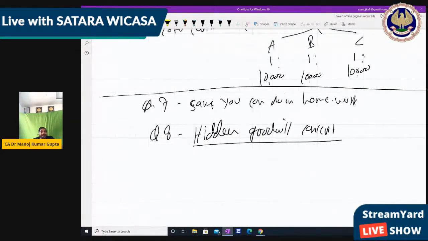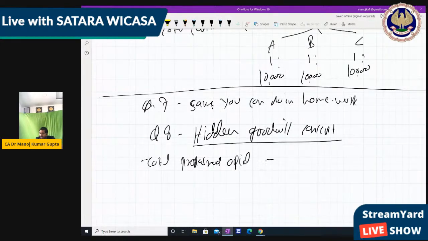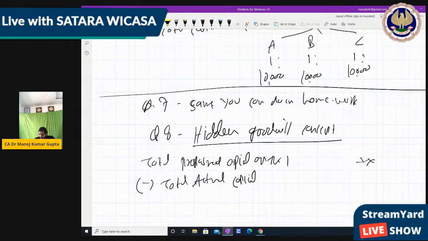The difference you will get is the goodwill. So we can say: total proportionate capital on the basis of the new partner, less total actual capital including new partner capital.